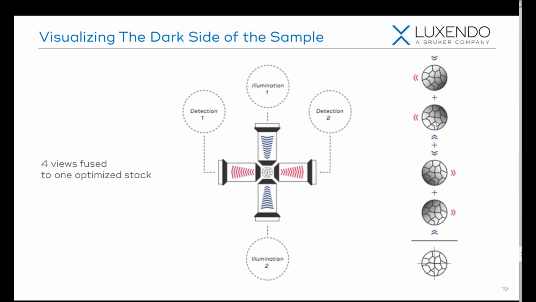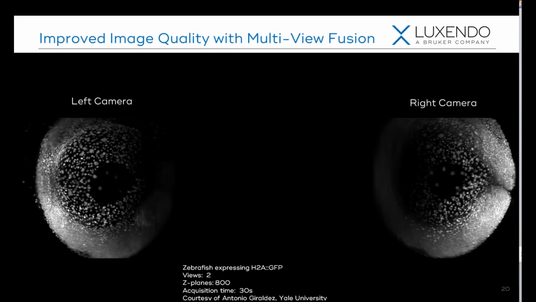And to give you an example of this with a real sample, here I'm showing you a zebrafish embryo, and these are the individual images from each camera of the multi-view system. You'll see on the left camera, we have a great image on this side of the sample. And on the right camera, we have a great image on this side of the sample, but the image quality deteriorates as you go in.